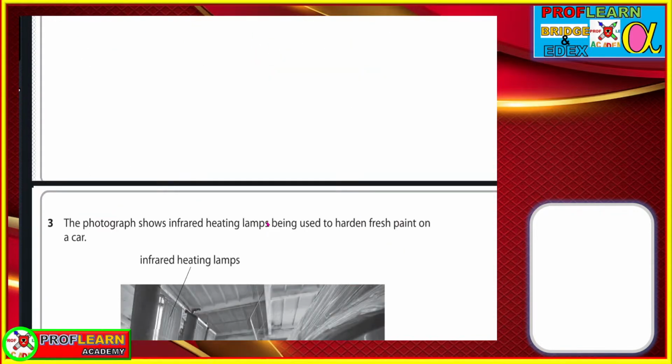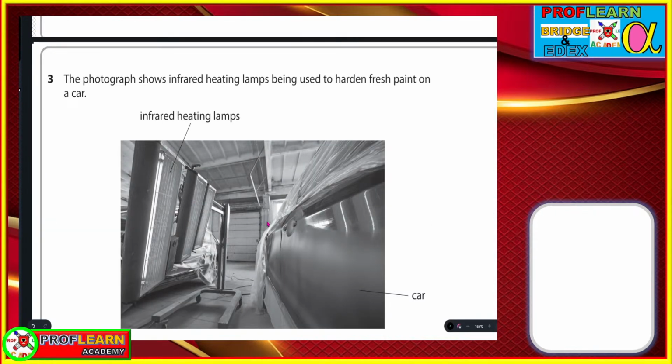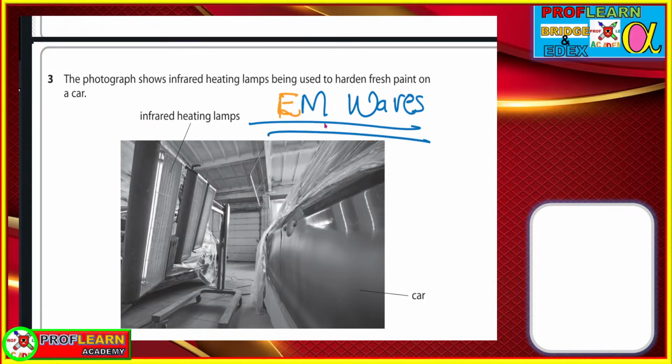Another topic that you really need to prepare is the topic of the electromagnetic spectrum, EM waves. So under EM waves, you need to know that electromagnetic waves are a family of waves which are arranged in the order of increasing frequency or decreasing frequency, or increasing wavelength or decreasing wavelength.